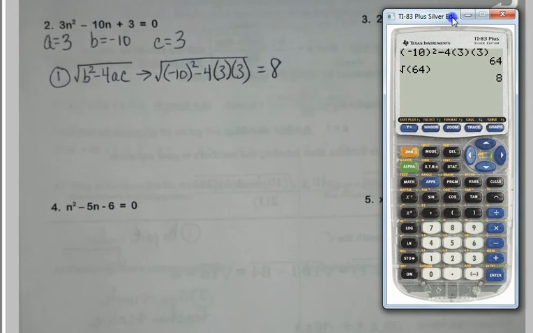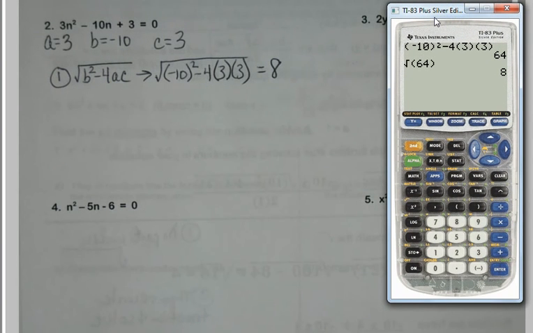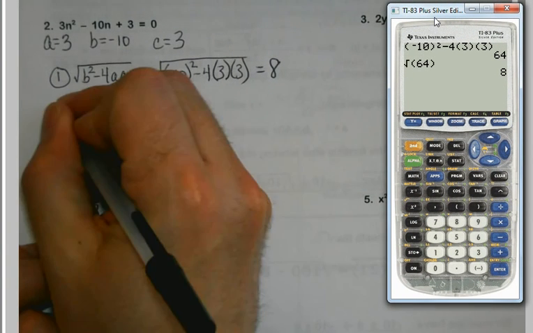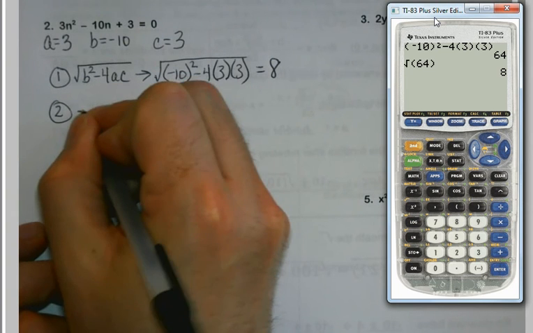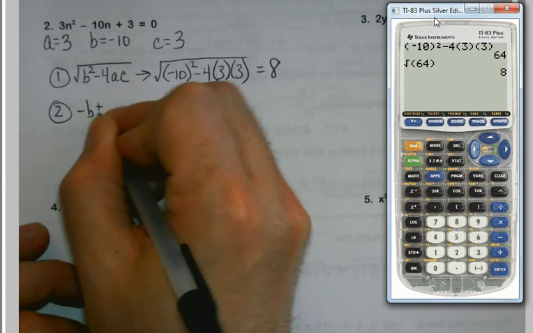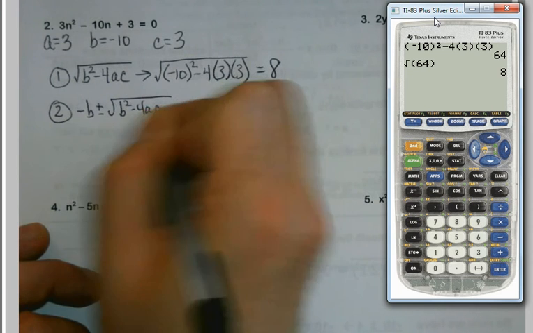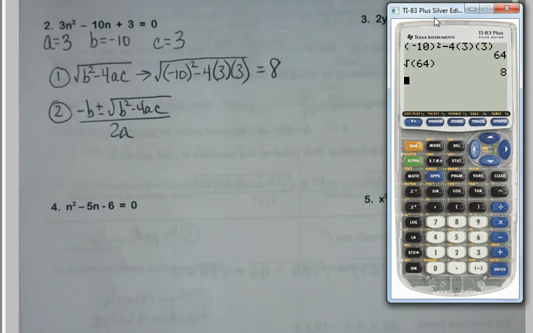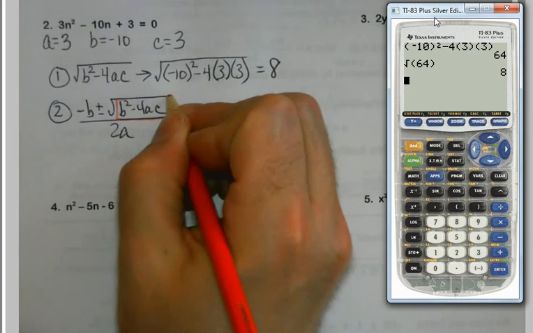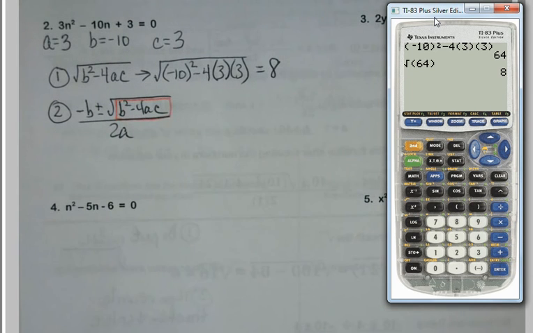All right, let me move this over. Now I'm ready to do the rest. And again, here's my big old formula. Okay, this is the whole quadratic formula, but remember, I did this part back in step 1.